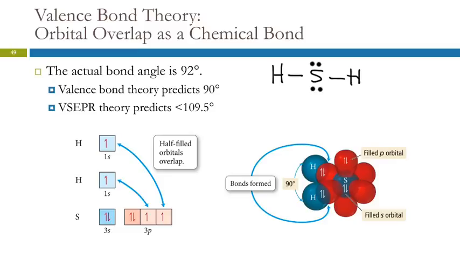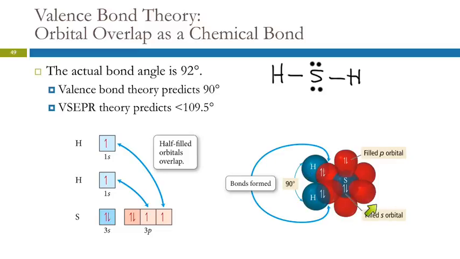So here in this odd balloon drawing, it looks like some crazy balloon art. What's going on here? Well, here's the sulfur. The blue sphere here is the 3s orbital, and it's full, so we've got two little arrows in there. And then the red ones are the p orbitals. We've got one going up and down, and the other two are perpendicular to it at right angles.